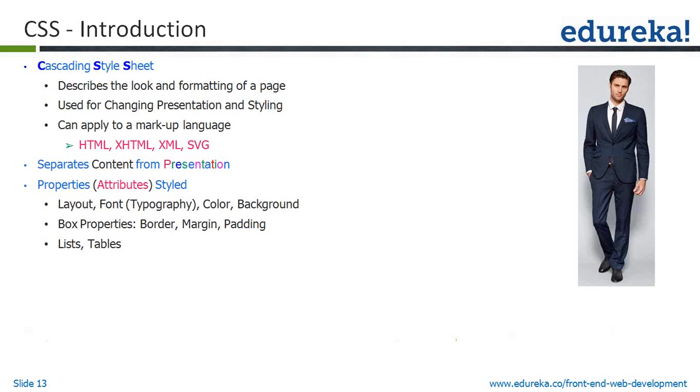In CSS, basically you have what are called attributes or properties. Those properties could be layout properties or font-related properties, color, background, border, margin, lists, tables. Each of these different elements of the HTML page will have different properties.